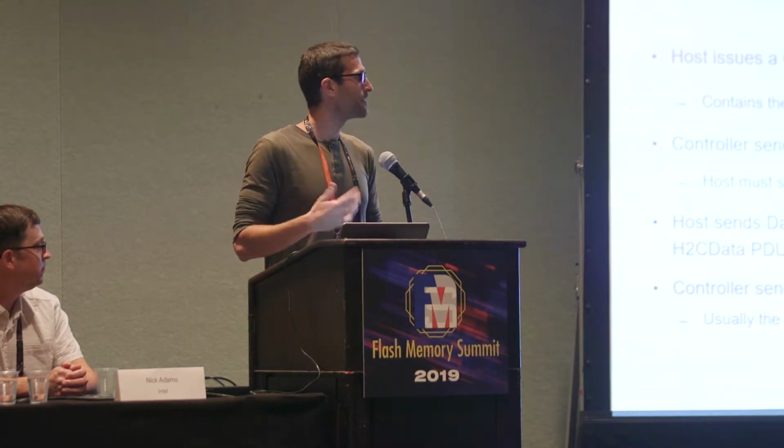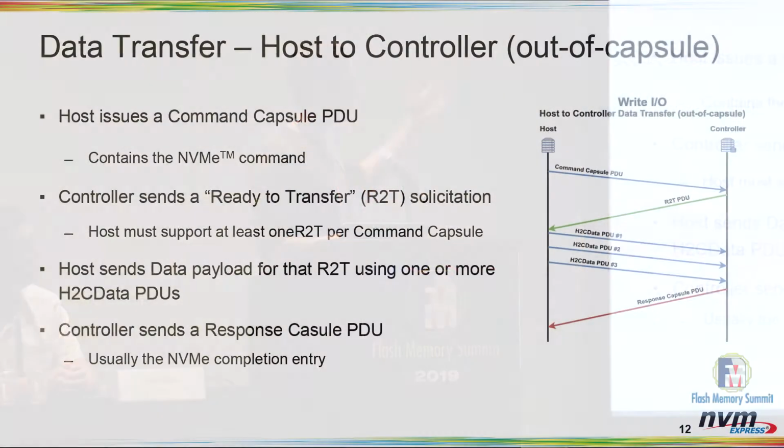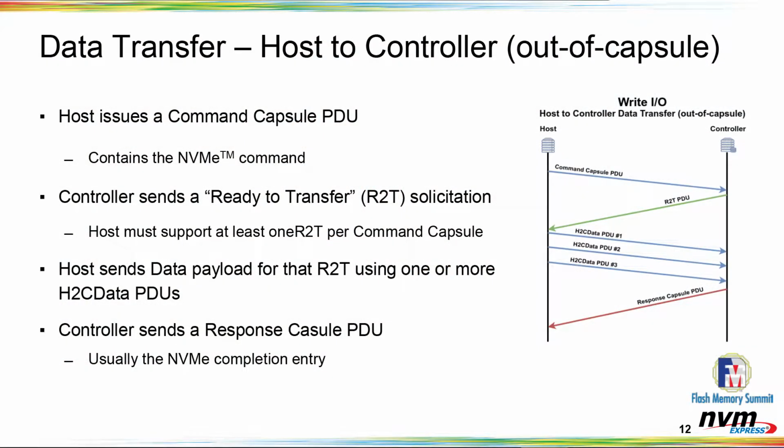And if the payload size exceeds the capabilities of in-capsule data that the controller exposed to the host, then our NVMe TCP credit mechanism comes into play. The host sends a command capsule PDU that says, I want to write data to you. Then when the controller is ready, it sends one or more R2Ts back to the host, saying I'm ready to accept X number of bytes from you with a given offset.